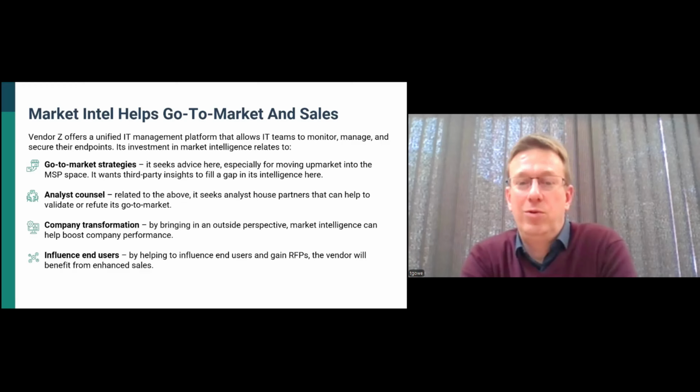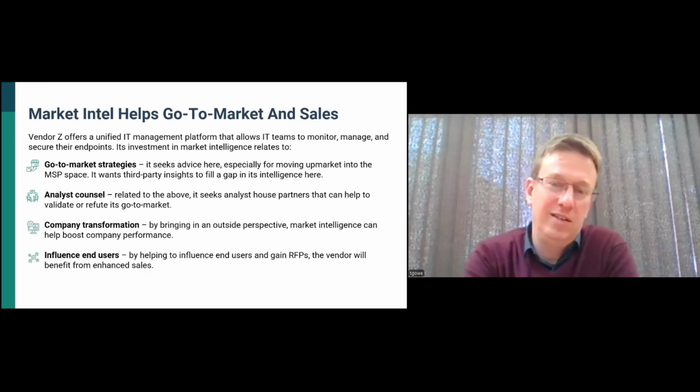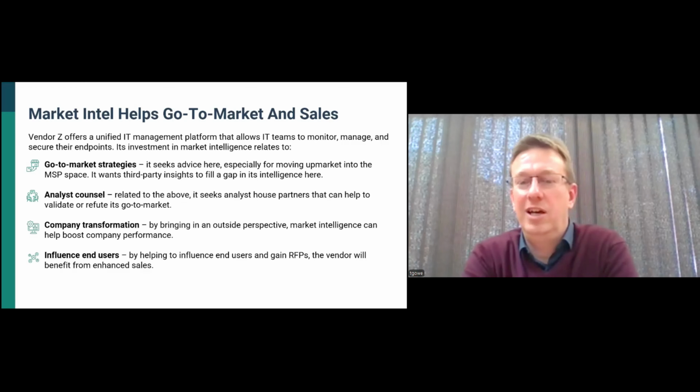It's easy for marketing folk potentially to be just coming up with the same ideas or regurgitating the same ideas, and actually an outside perspective can be really healthy, stimulate new thoughts, new ideas, a change of direction, and there's real value there from an analyst house to do that.